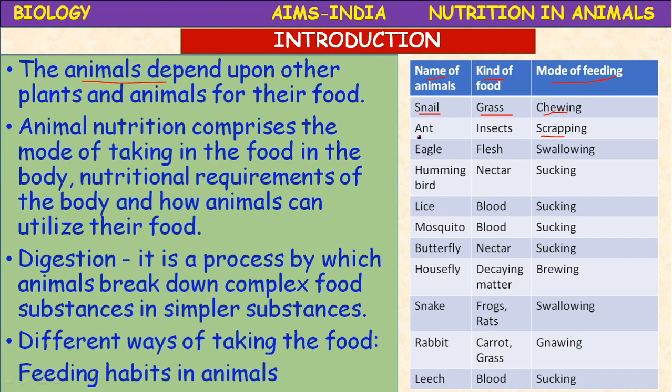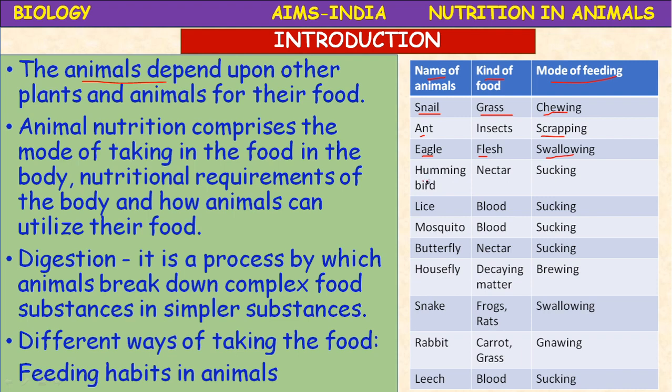Biting and chewing type of mouth parts are present in these insects. Eagle. An eagle is a bird, a carnivore. It eats flesh. With the help of its curved and strong beak, it swallows the meat. The mode of feeding is swallowing.